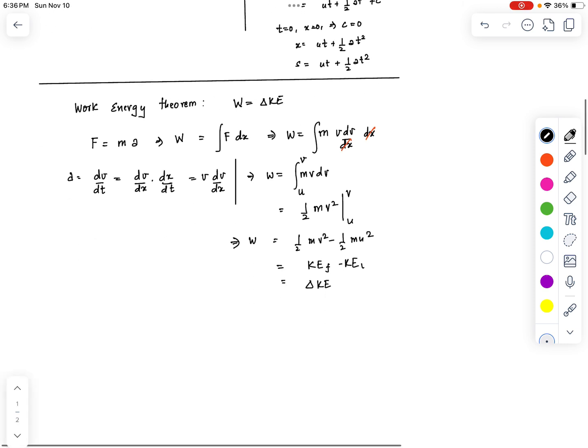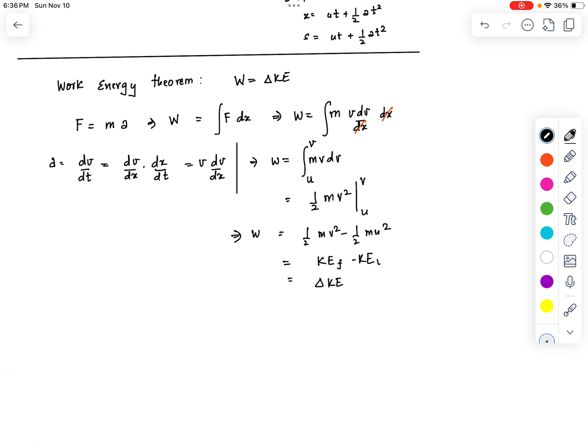Now, if this is a conservative system, then the total energy is constant. Okay, in a conservative system, we write the expression for energy as the sum of kinetic energy and potential energy.